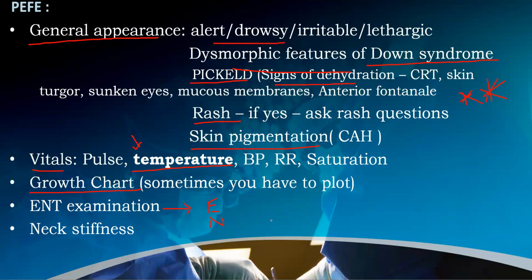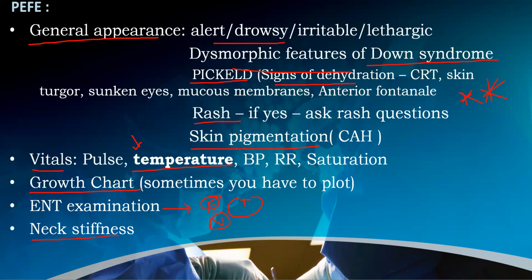In the nose, any nasal discharge, any nasal mucosal changes? In the throat, what you're looking for: any tonsillar enlargement, any tonsillar exudates. Okay, so this is the ear, nose, and throat examination.